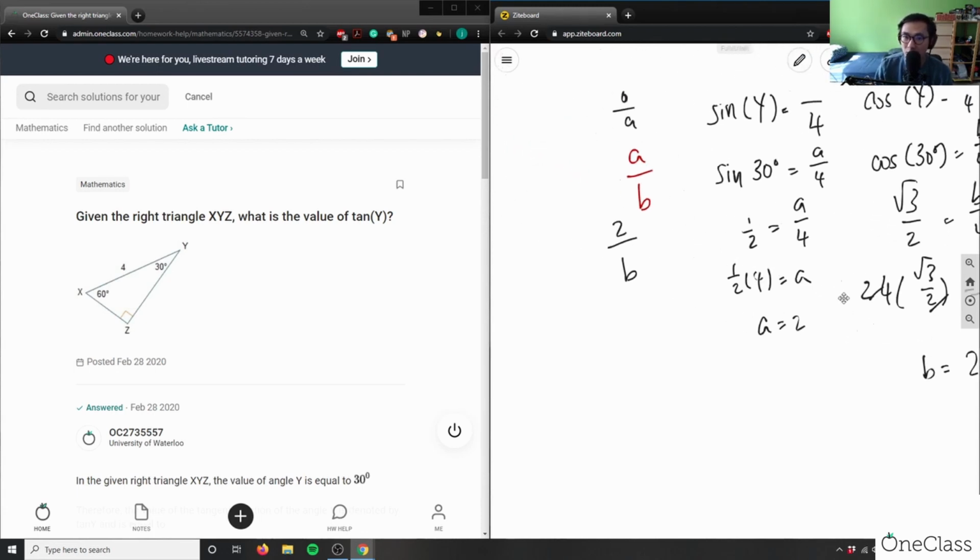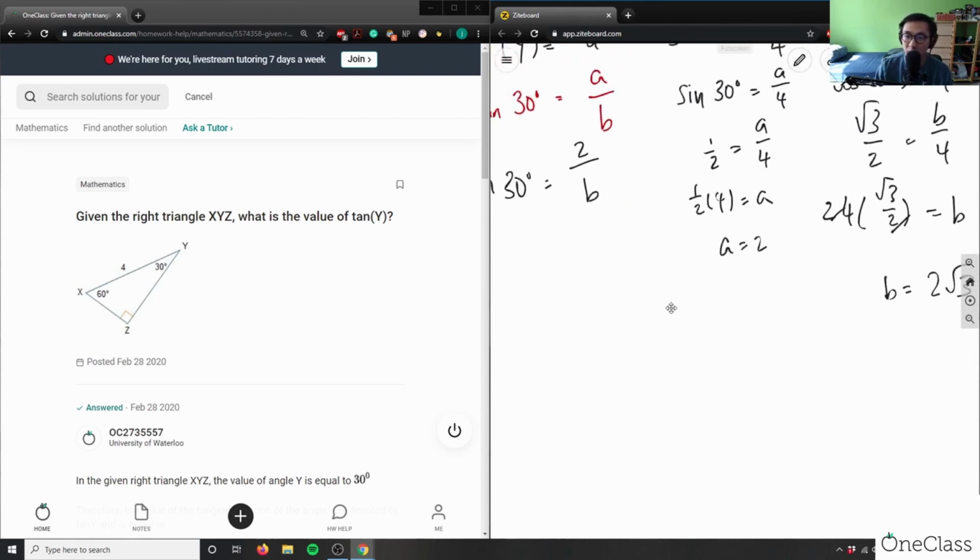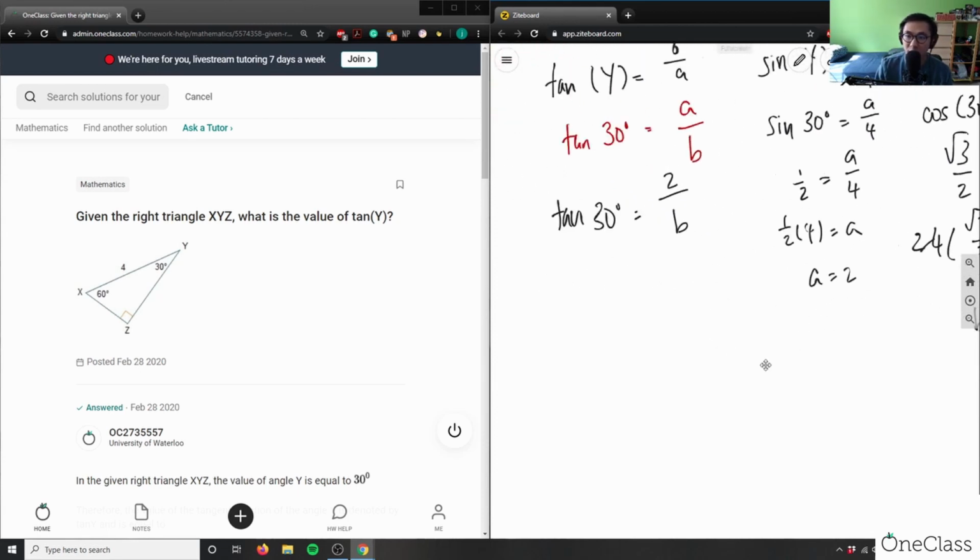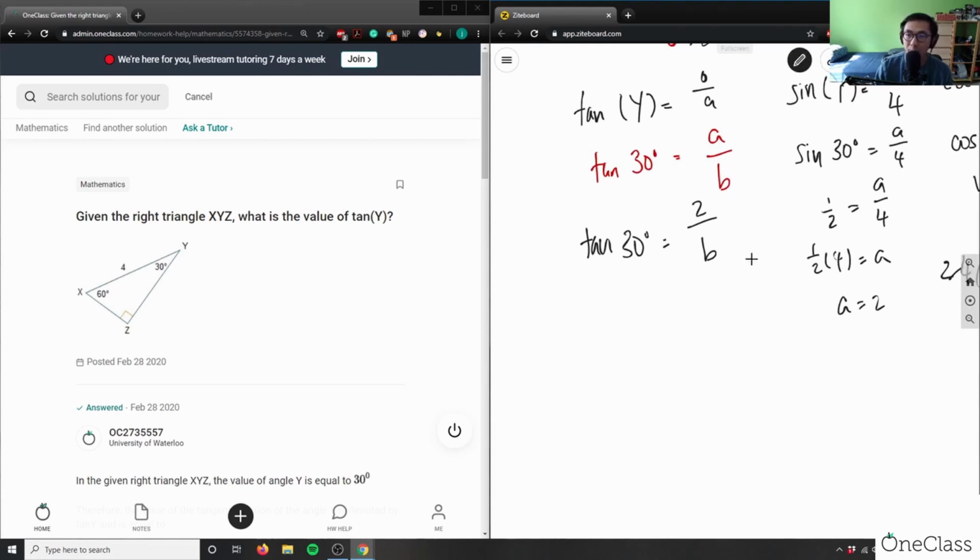Now I've found the trigonometric ratio that equals tangent of Y. Because I know B equals 2 root 3, tangent 30 would equal 2 over 2 root 3. You would realize that this equals root 3 over 3: the 2s cancel out, I get 1 over root 3, and if I rationalize this, I get root 3 over 3, putting the radical at the top.